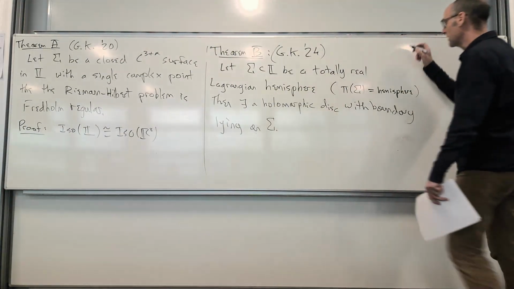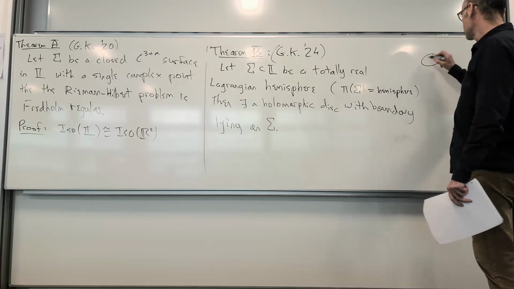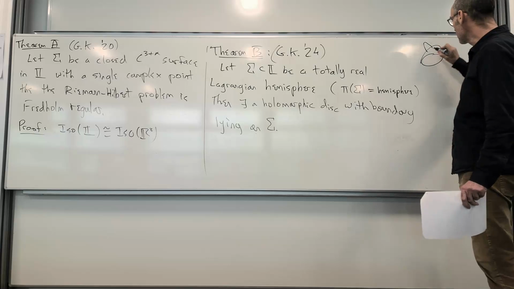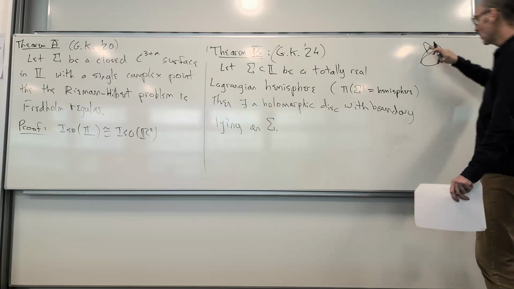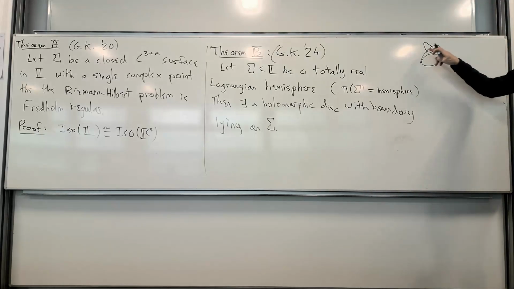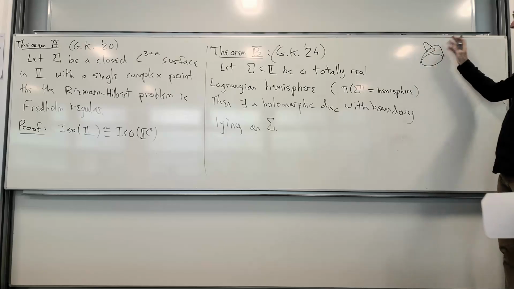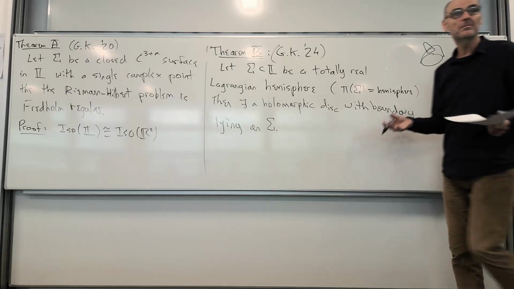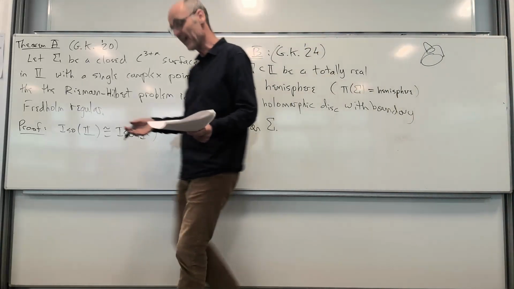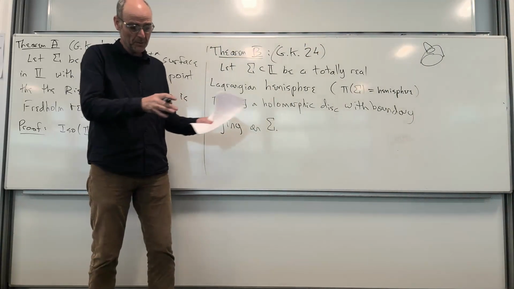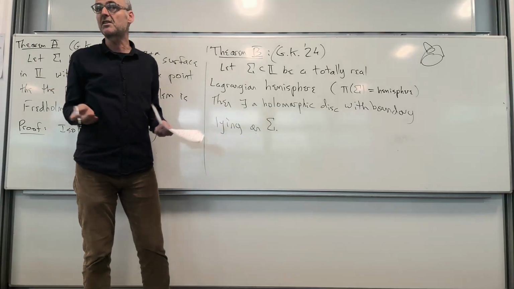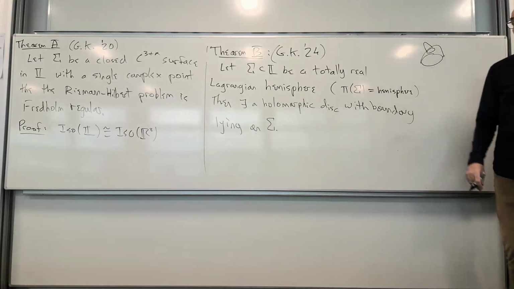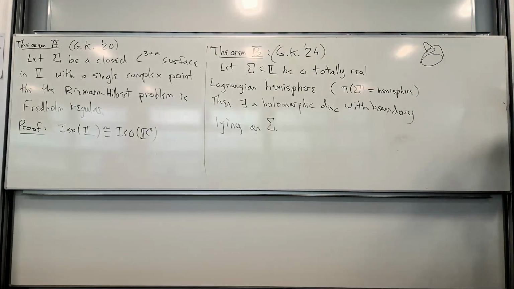If you have a totally real surface, this Lagrangian hemisphere with no umbilic points, and you try to attach a holomorphic disk, well, there are no complex points in it. So therefore the dimension of the kernel should be -1, right? And when you have that, then you expect any perturbation, if there is a holomorphic disk, to make it disappear. The space of holomorphic disks has negative index, so actually you won't have any holomorphic disks.